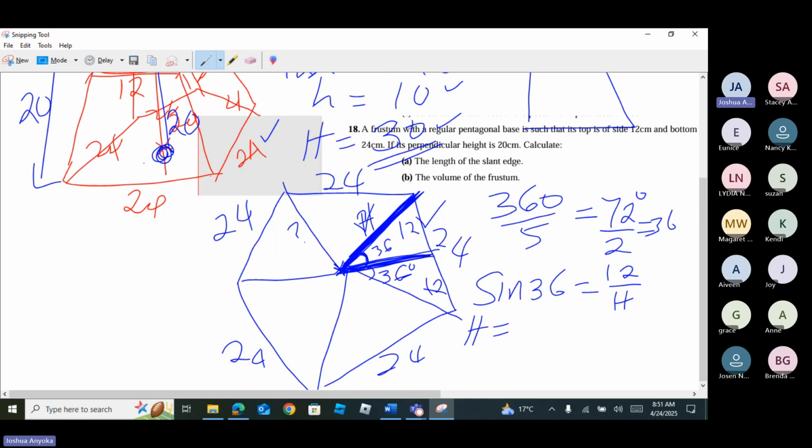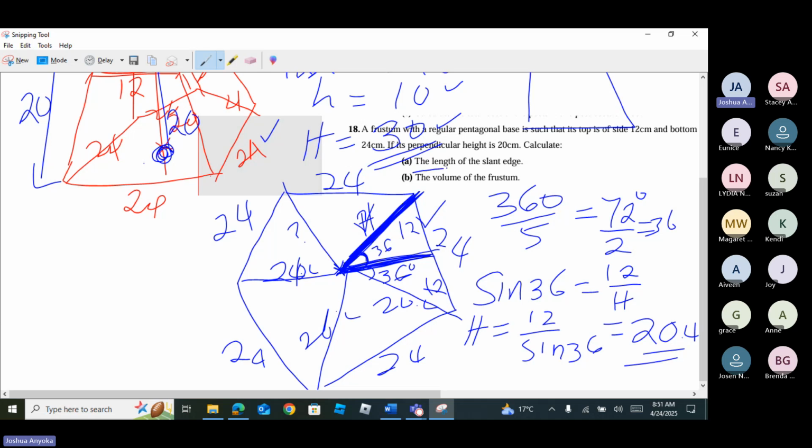So the hypotenuse is equal to 12 over sine 36, which is 20.4. So all of these are 20.4.